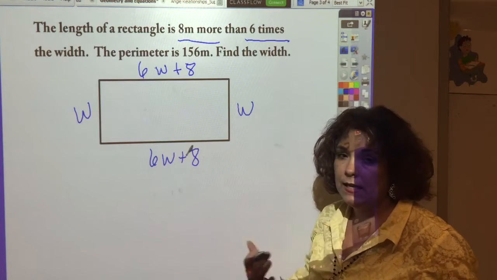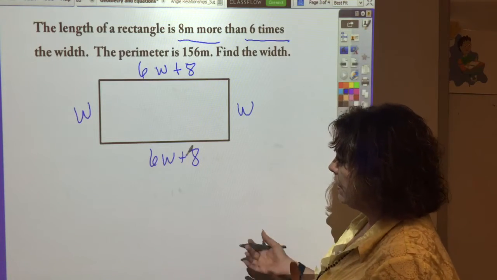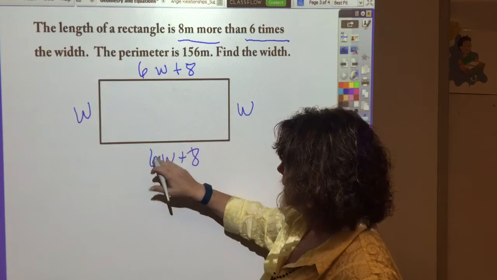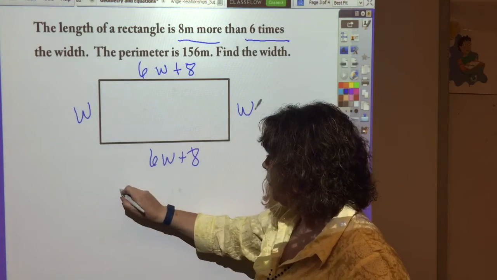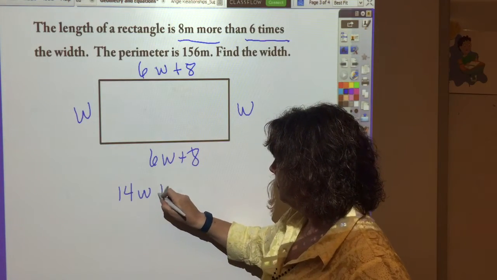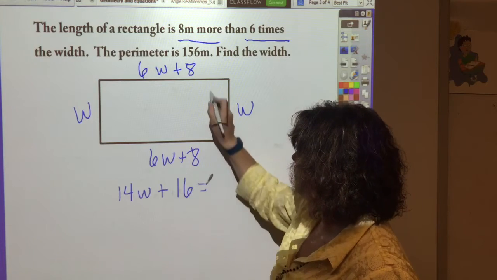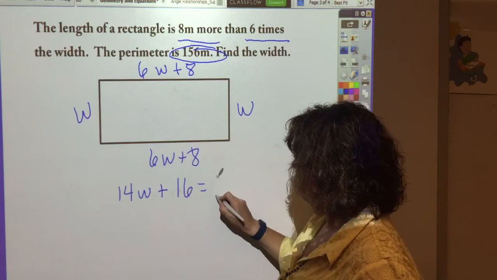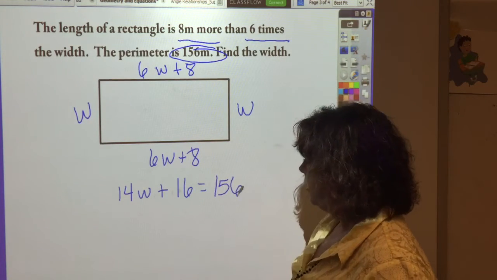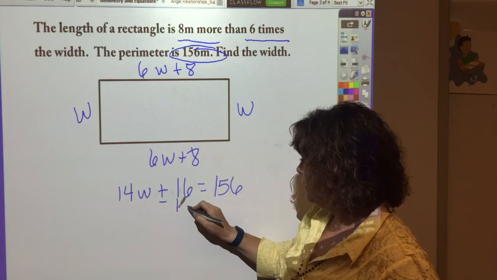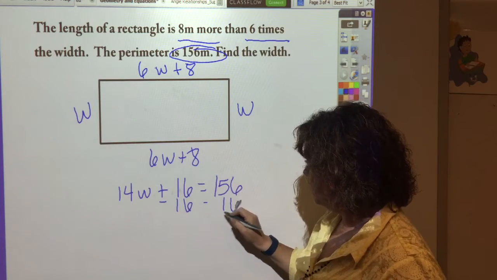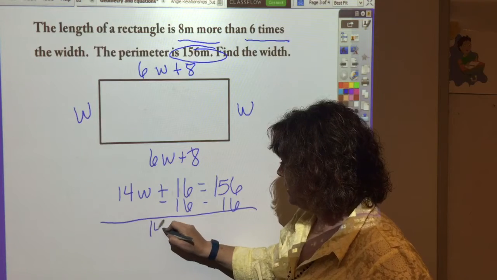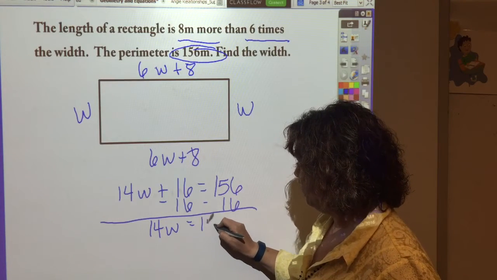Now, we're going to do the same thing. We're going to solve this. We're going to combine it. So I could write all these out, but I've got 6, 12, 13, 14. 14W plus 16 equals, it gives me the perimeter, 156. So now I'm going to subtract 16 from both sides, and I'm going to get 14W equals 140.